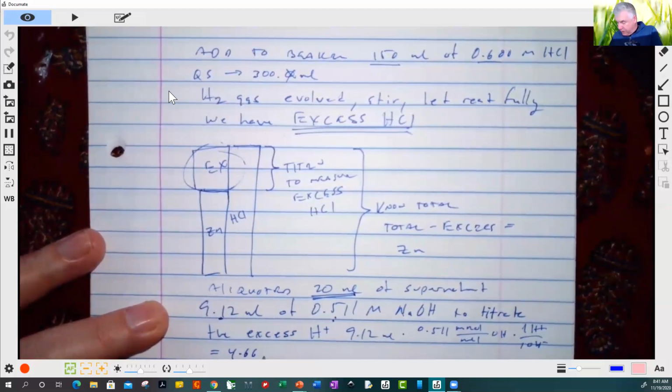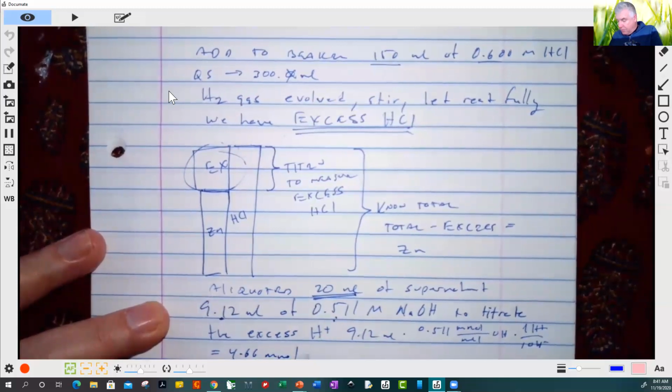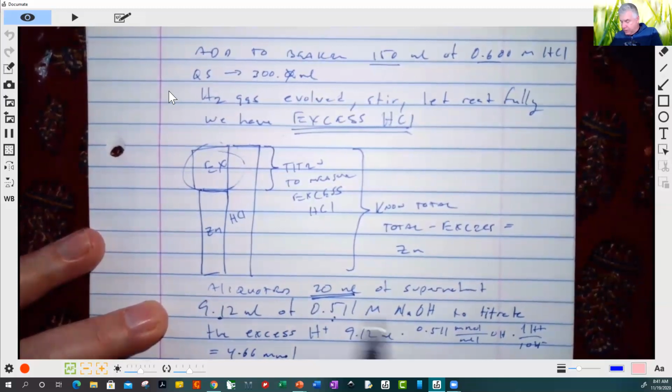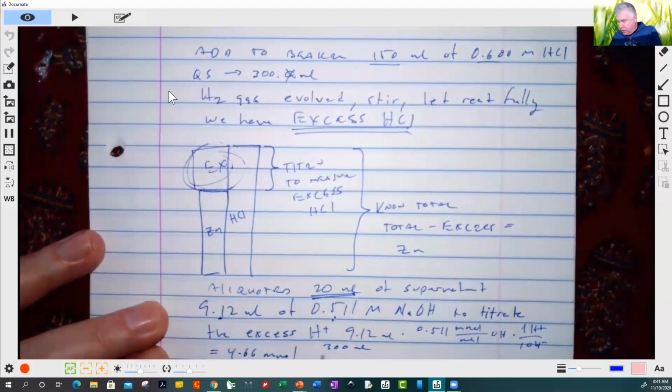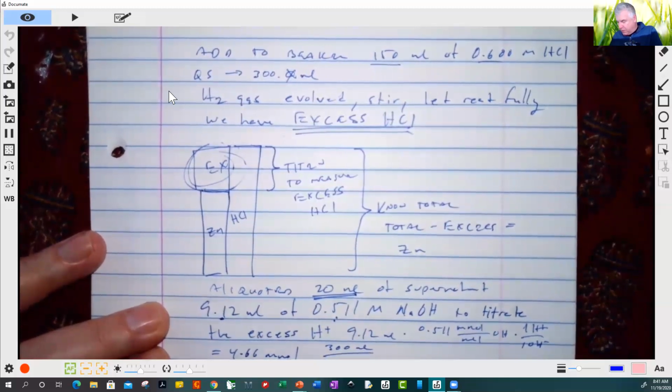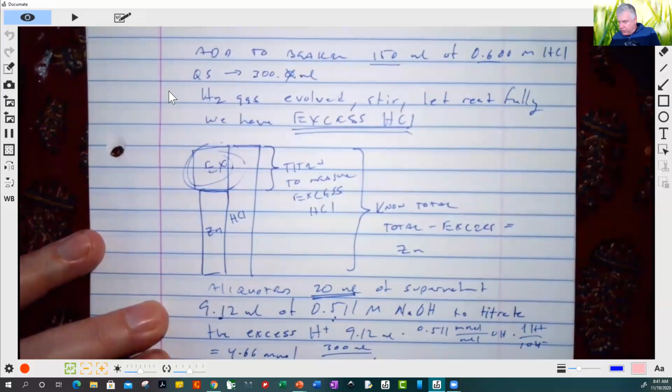There we go. But then in order to get this scaled up to the total amount, we want to multiply by 300 mLs over 20.0 mLs. So this is the ratio, 20 out of 300.